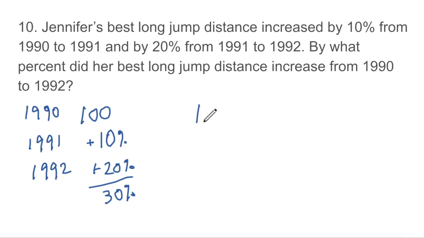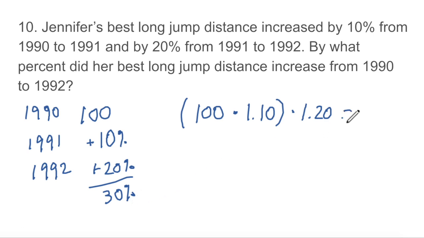So what we have to do is multiply 100% that she did in 1990 by the 10% increase, which is 110%, 1.10. And then we have to increase that again by 20%. So that's what she did here after the first year. What did she do after the second year? 20% more than that, right? 1.20. So when we multiply these out, we don't get 130%.